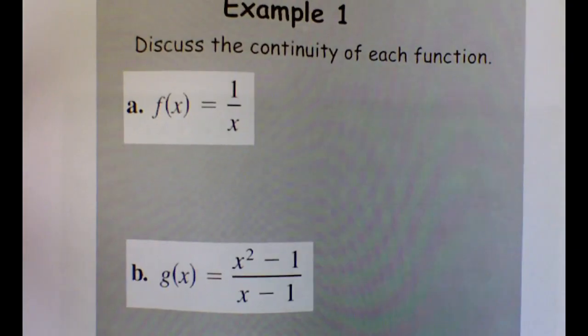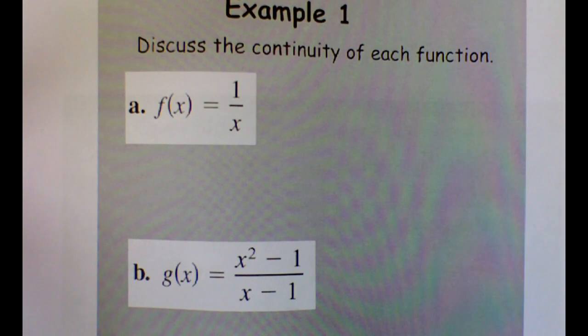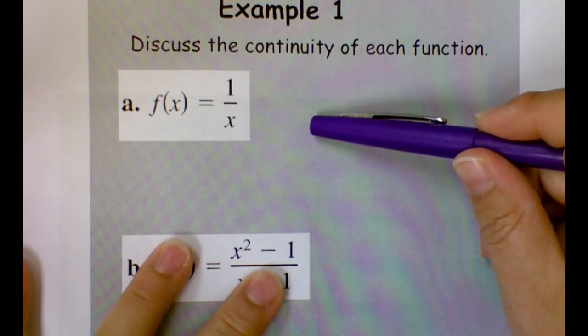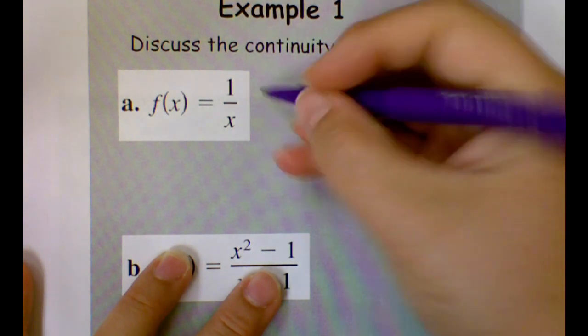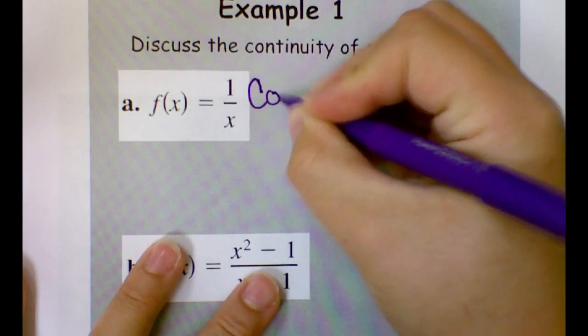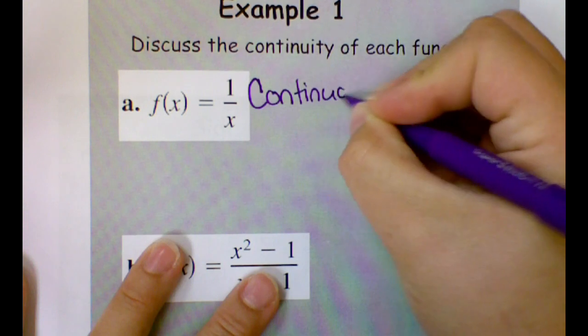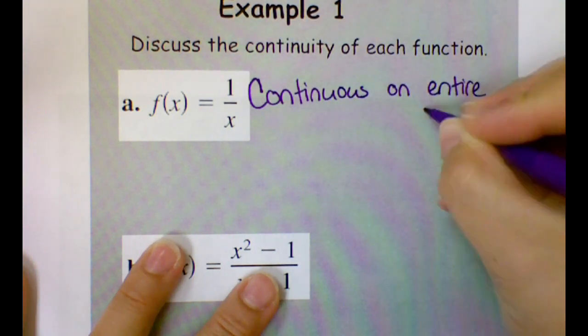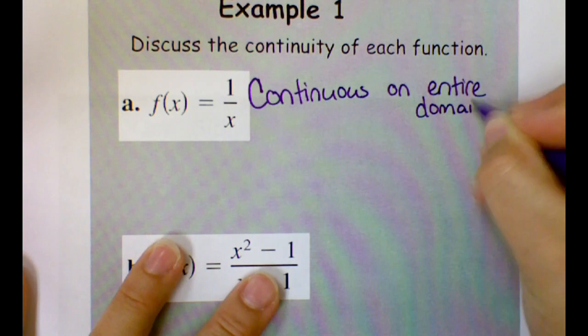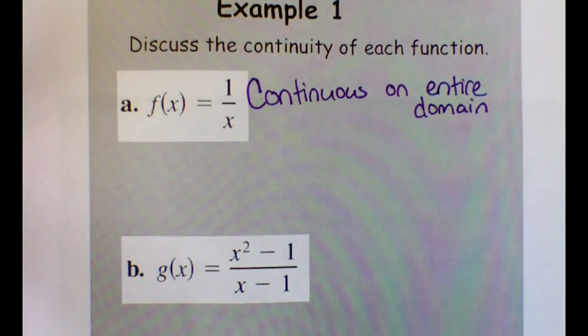So let's talk about the continuity of each function. First thing you have to think about, though, is the domain. The domain of the function 1 over x is everything except 0. And there are no gaps or holes or anything on the actual graph besides at x equals 0. So we say it is continuous on its entire domain. But there is a discontinuity.